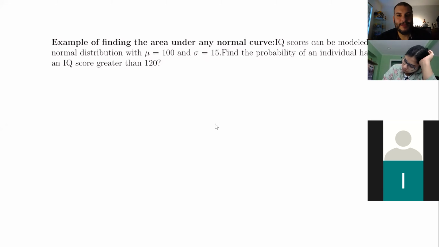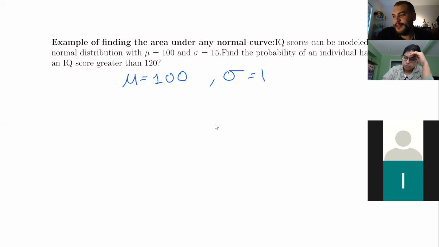All right, so if you look at it, I already gave you the mu, which is 100. And I already gave you the standard deviation, which is 15. So all of that is given to you. I'm also telling you what I want you to find the probability for: an IQ score greater than 120.